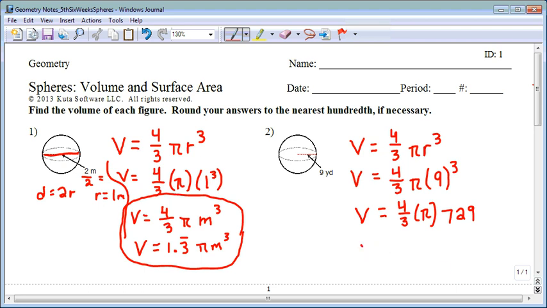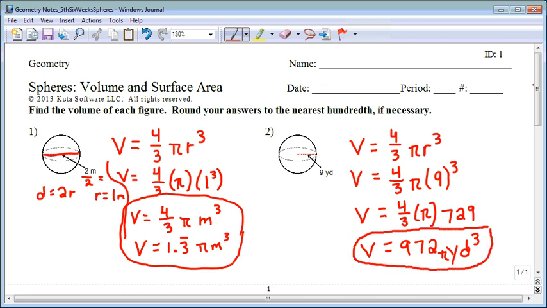And when I multiply that all out, I receive a volume of 972 pi yards cubed. Don't forget your pi. 972 pi yards cubed for the volume of this sphere.